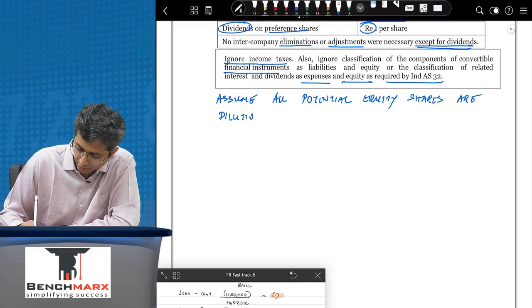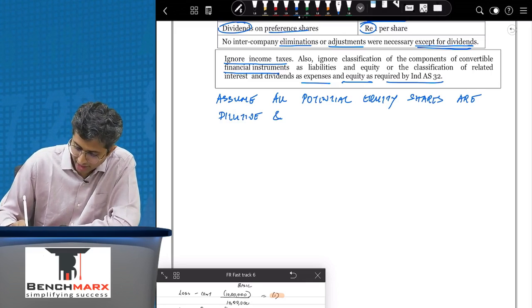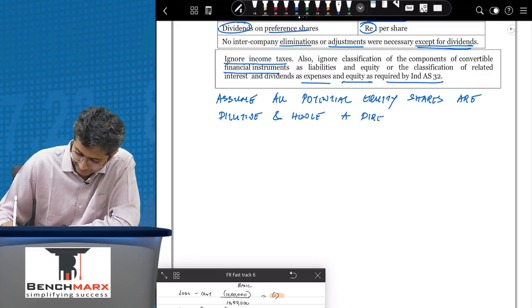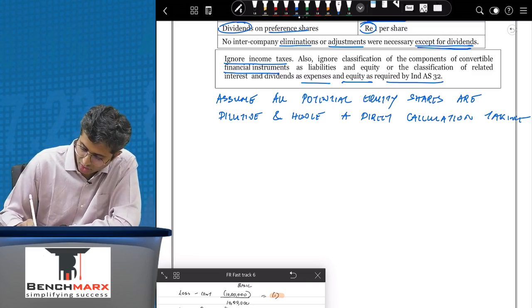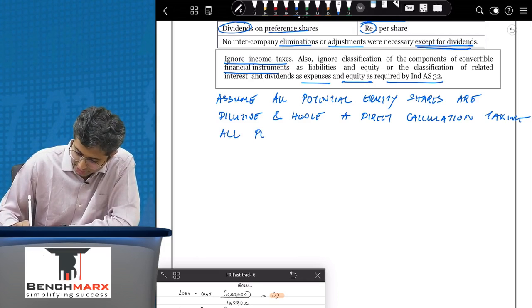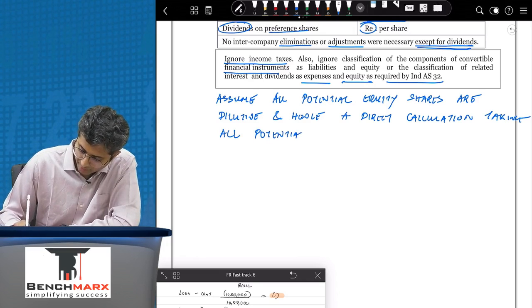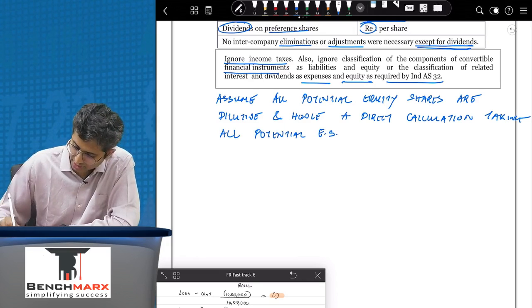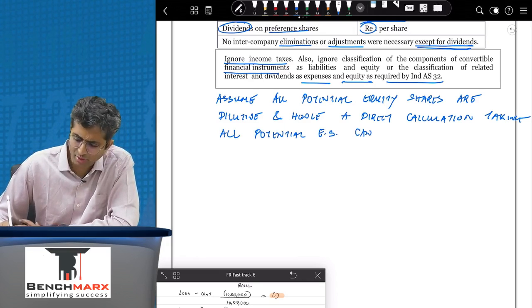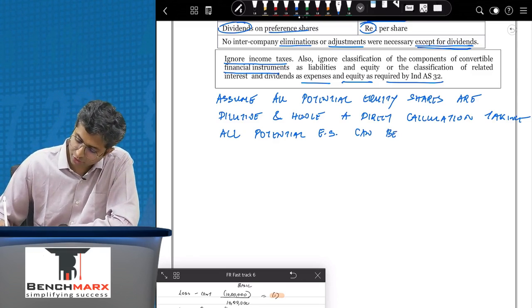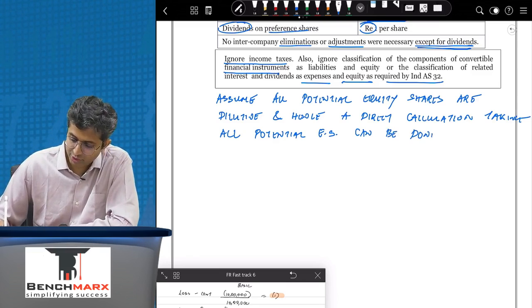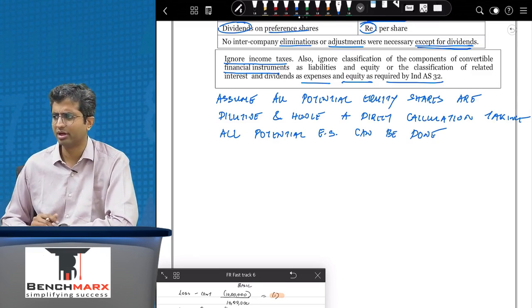Assume all potential equity shares are dilutive, and hence a direct calculation taking all potential equity shares can be done. So we don't have to worry about the order, the ranking, the incremental EPS, not required. Pause the video, and definitely read this question again, something which is completely new.